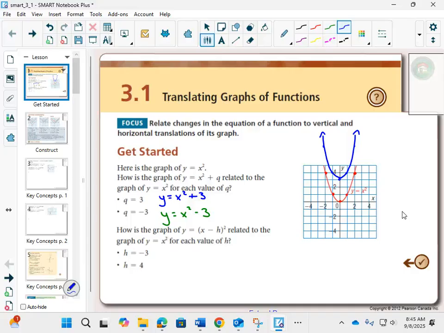But by color coding it, I can immediately make the connection of, oh, the blue graph went with the blue equation. And x squared minus 3, shifting it down 3, and doing those 5 points. Now I can make the connection with the green graph going with the green equation.